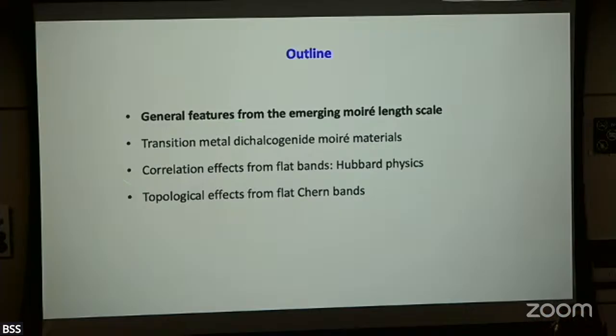Then I would like to talk about the correlation effects from the flat bands, so mostly Hubbard physics. And then, if I have time, I want to talk about the topological effects from these flat bands. And this is beyond the Moiré model, more than that.